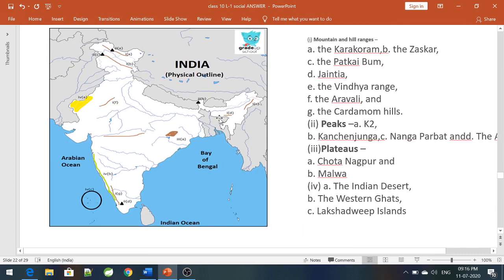You just pause the video and you can mark them. But you write down the names where they are located. Likewise, you can use the previous maps also for locating these.